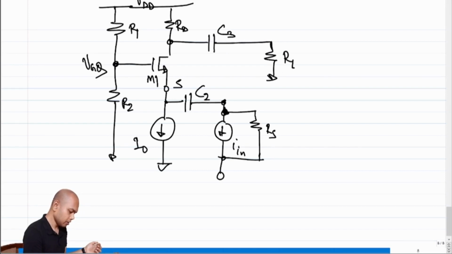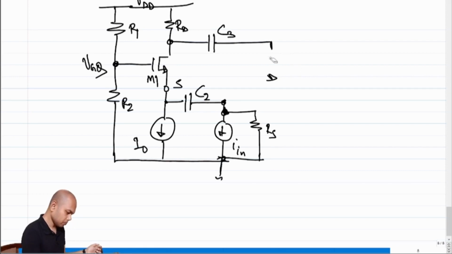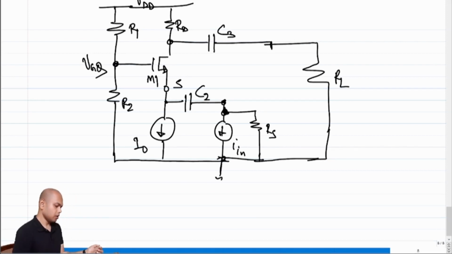Connect the load at the output, AC couple the load like this, and we can take the output across RL.